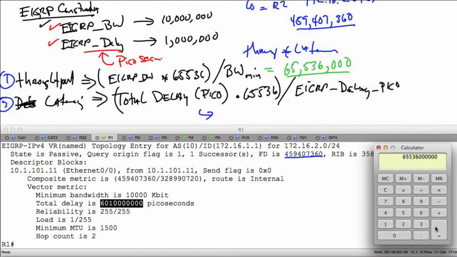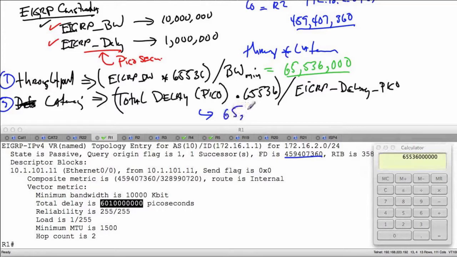That gives me a value of... actually, I've got this all wrong here.